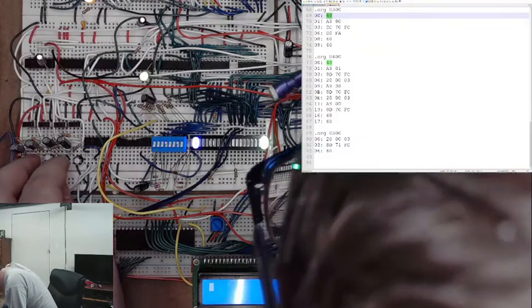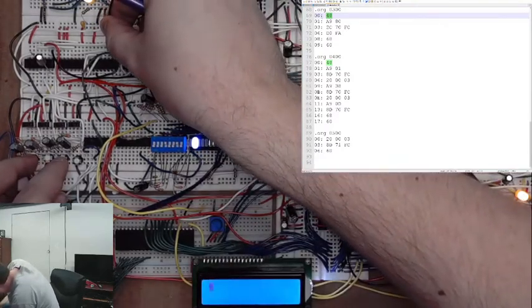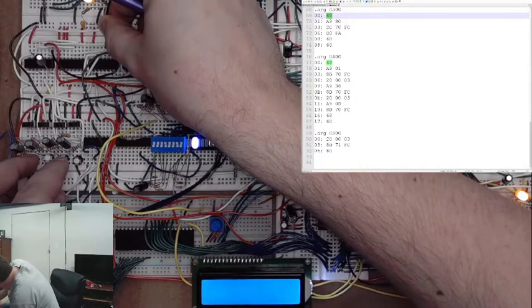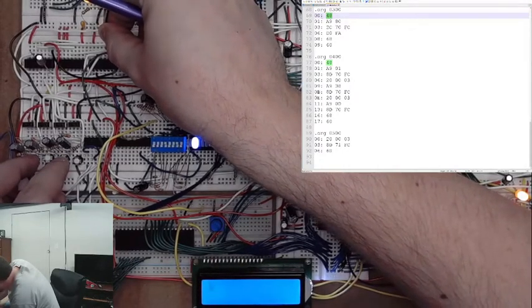Well, then where does this one come from, right? Because it should be coming from the right pin. Output, I would have thought.